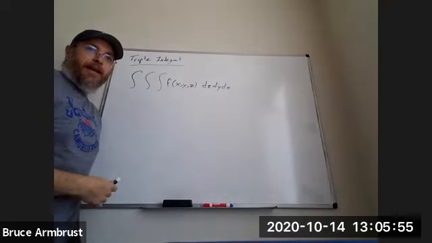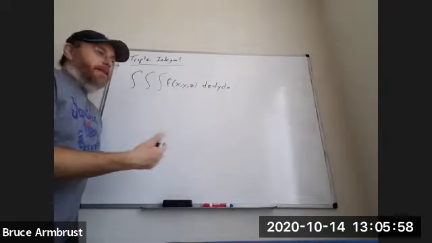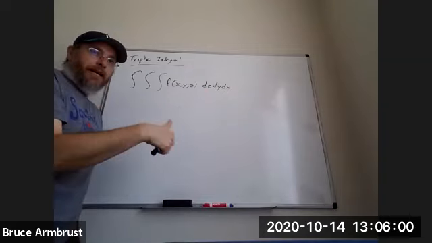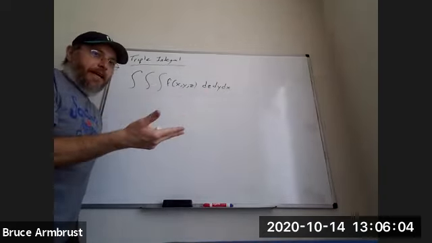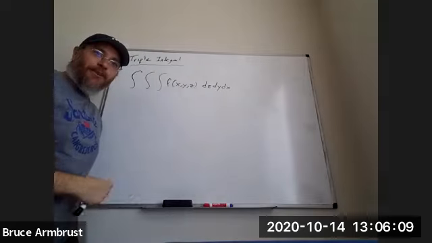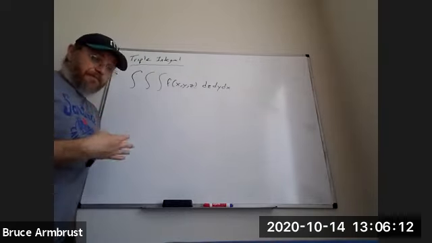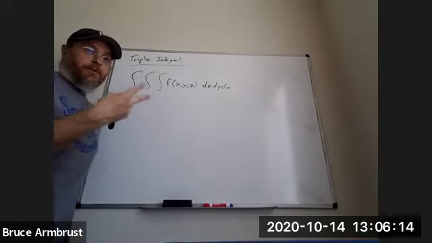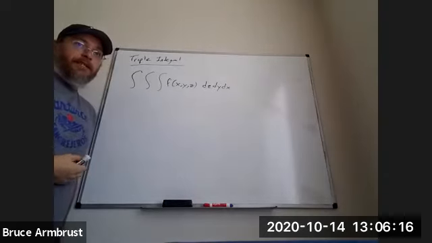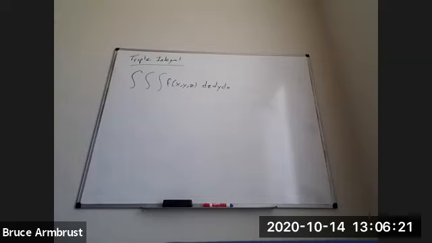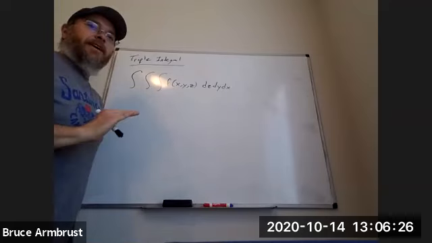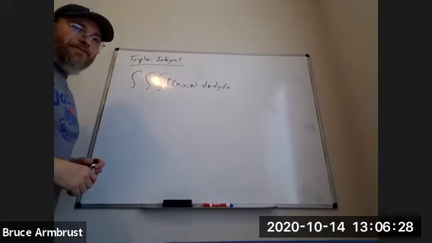If we just have the letters z, y, and x, it's all the different ways you could order those: dz dy dx, dz dx dy, dy dz dx, dy dx dz, dx dy dz, dx dz dy. So all 6. Now we have lots of options. With double integrals, there were only 2, dy dx or dx dy. Now we've got 6 with the 3 variables.